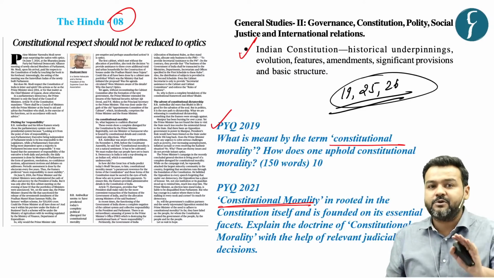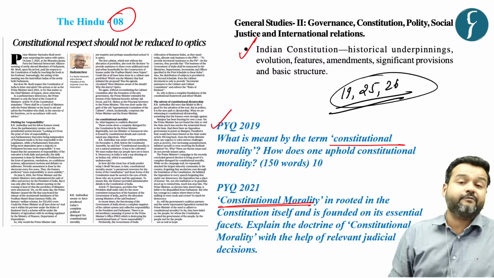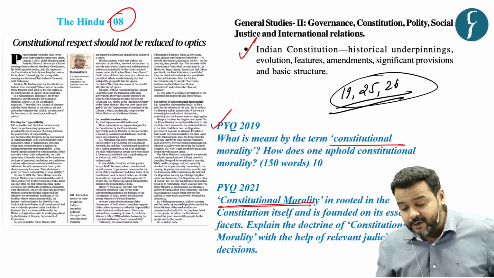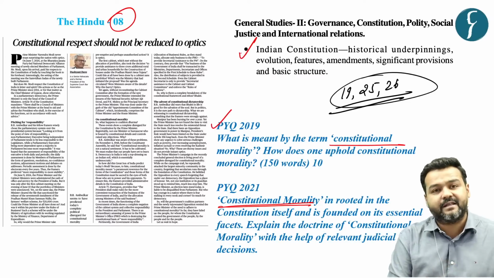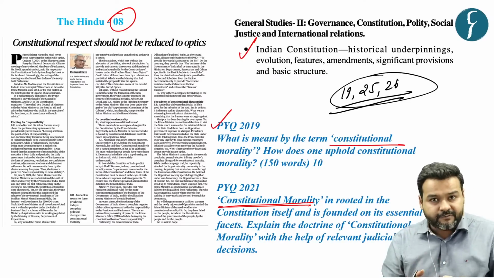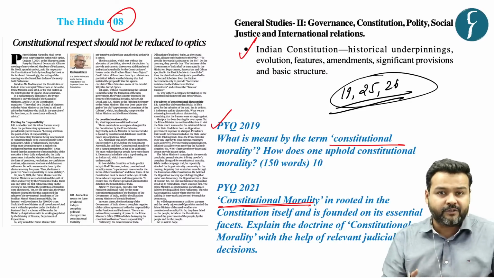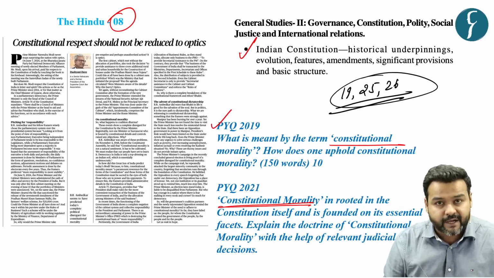The judgment should not be guided by public perception. So this is the concept of constitutional morality. To summarize, it refers to the guiding values enshrined in the Constitution that must be protected to preserve the real essence and integrity of the Constitution of India.